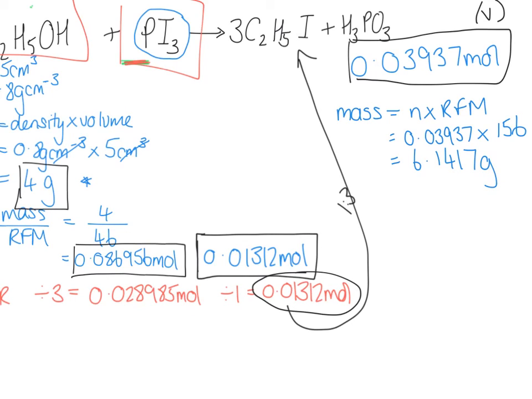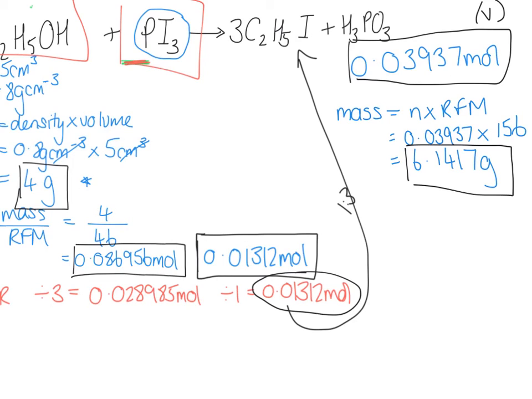And that's the answer to part 6. So what that means is, theoretically, if nothing else goes wrong, if there are no side reactions, if absolutely all of our phosphorus iodide reacts, then we will get 6.1417 grams of iodoethane formed.